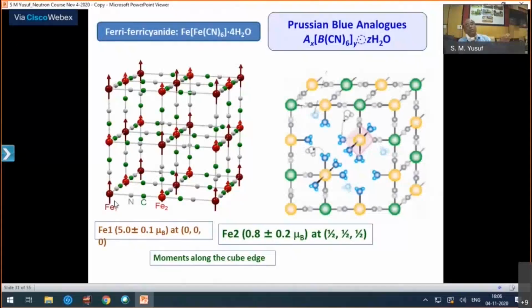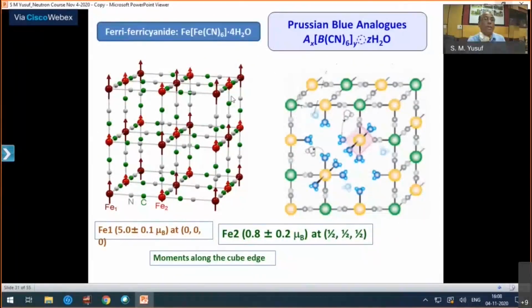It may not happen when you put these atoms in a crystalline, atomic environment. Here the moment is high, there the moment is low. This is called the high spin state of iron, and this is called the low spin state of iron, and that comes from the crystalline electric field from the nitrogen octahedra or carbon octahedra.